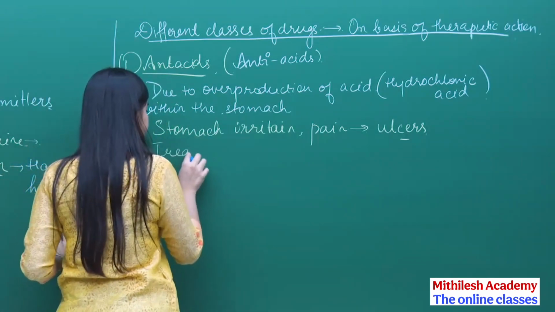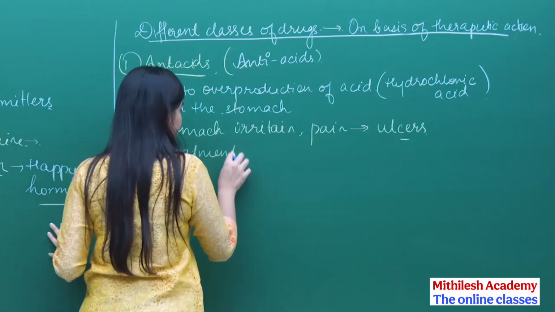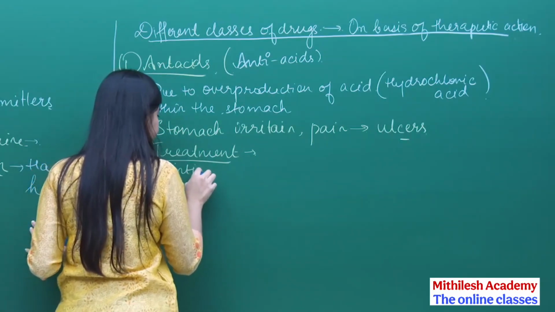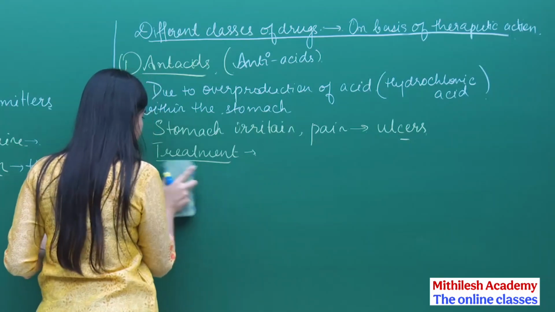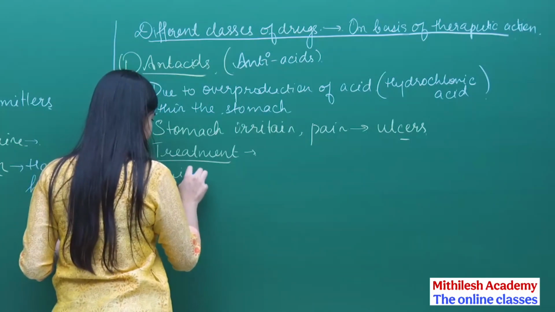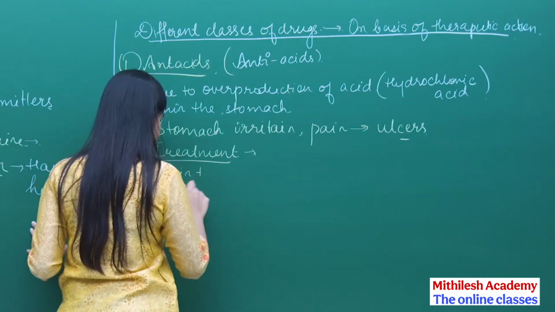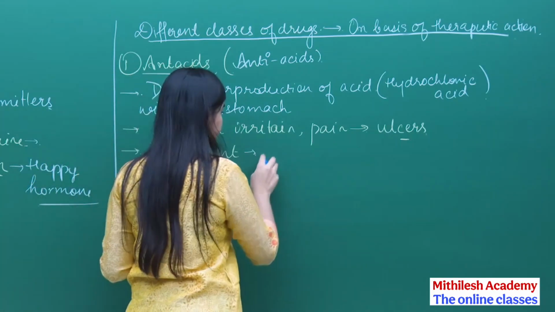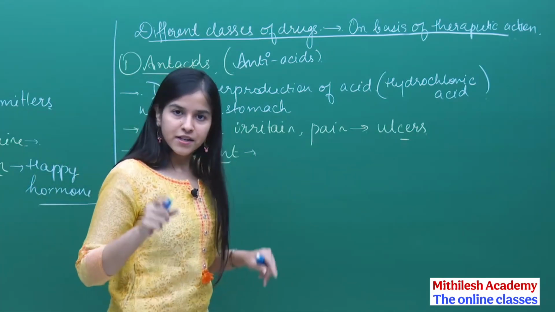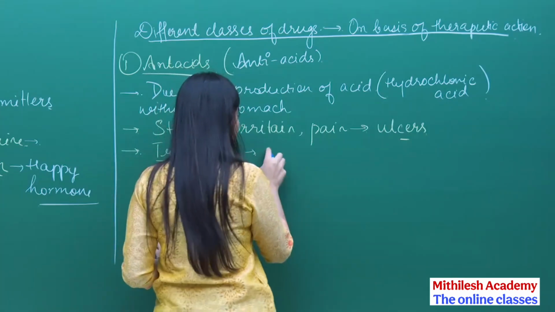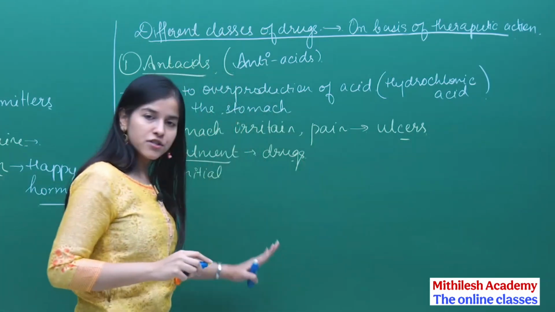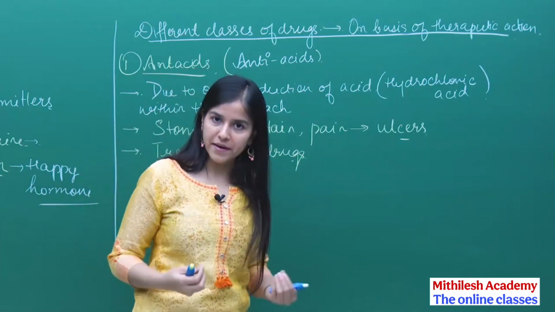The treatment is, if I talk about the initial treatment, that is having some kind of drugs. Here we would like to discuss the drugs having a therapeutic action. So first is the initial treatment, that is we can take up medicines.